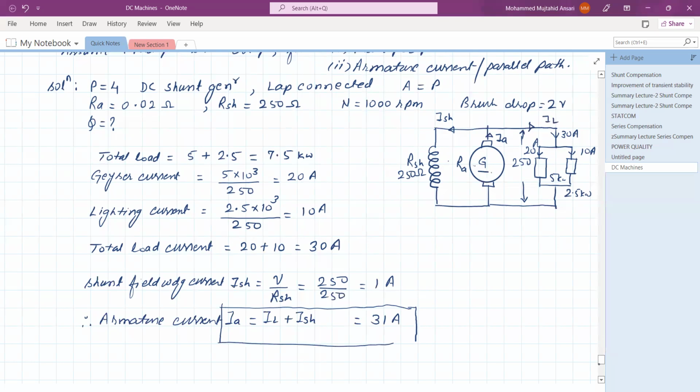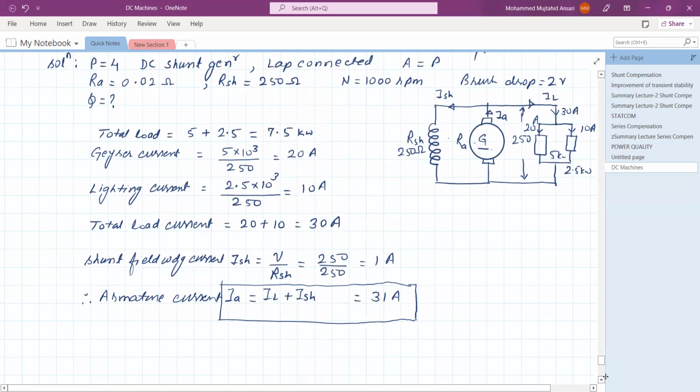Now, our objective is to determine the armature current per parallel path.